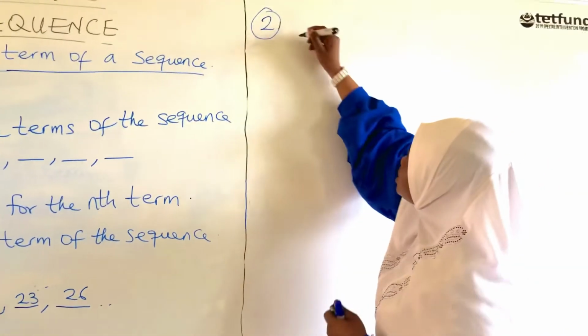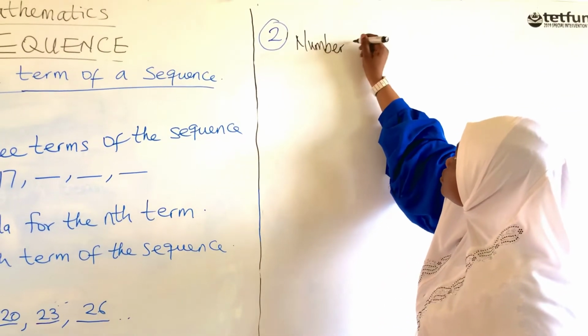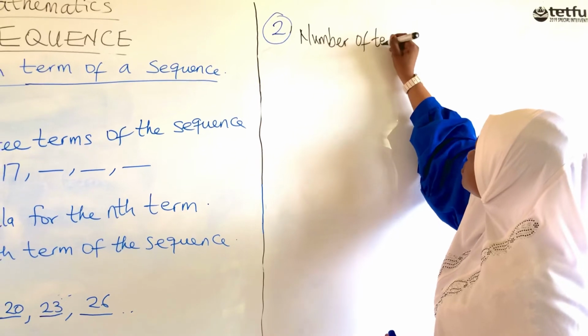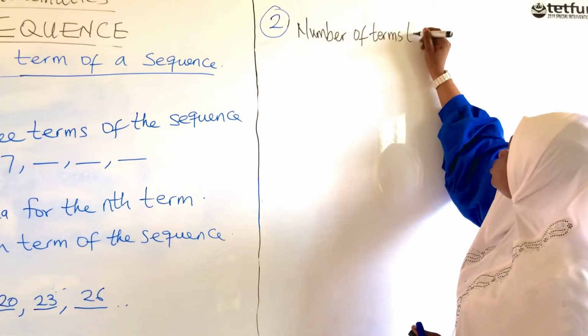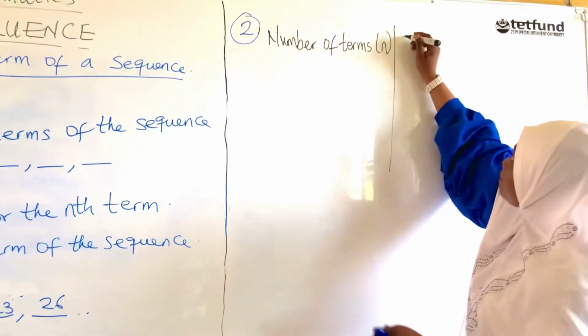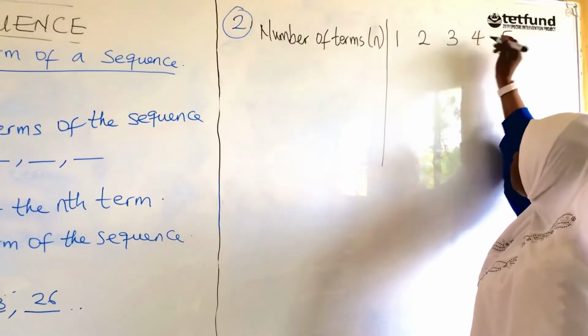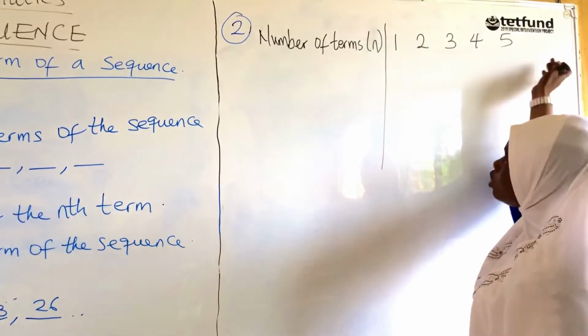So here you now say number of terms. You use n to do that. Those numbers, that is the first term, 2, 3, 4, 5. First term, second term, third term, and so on.